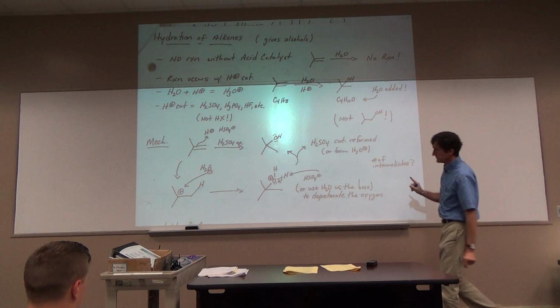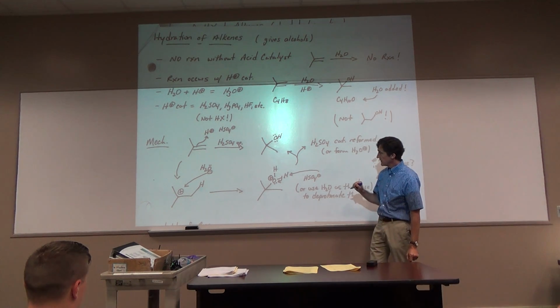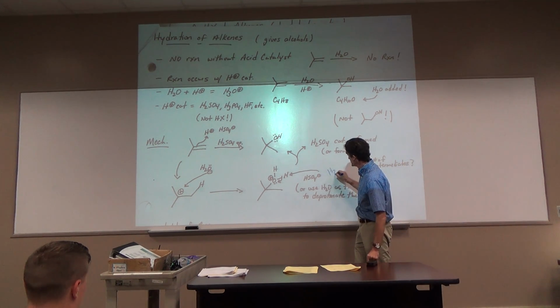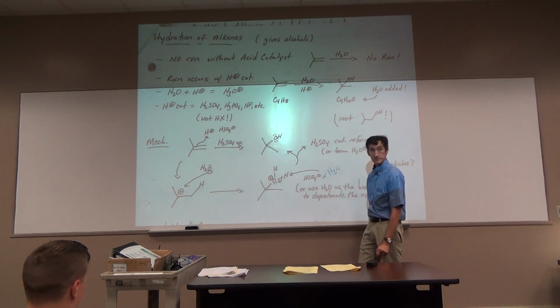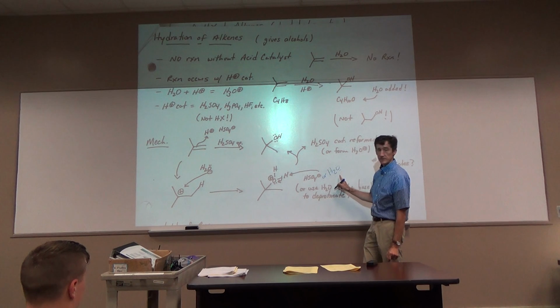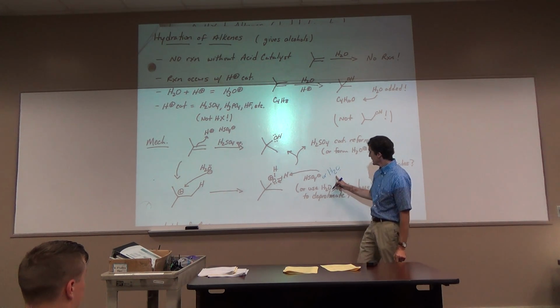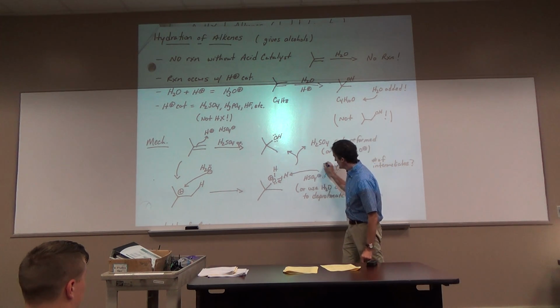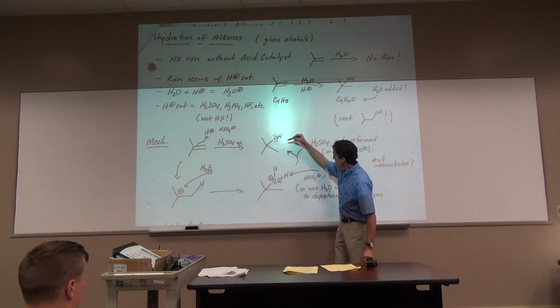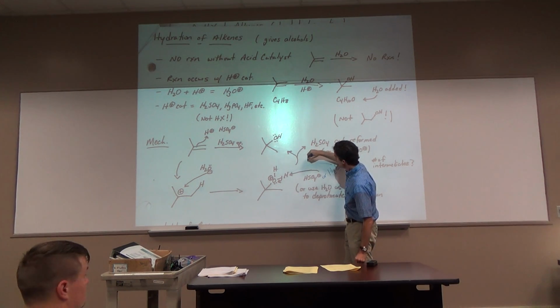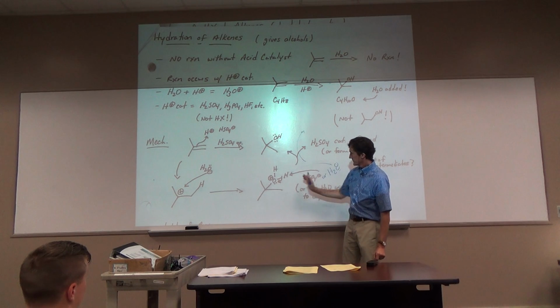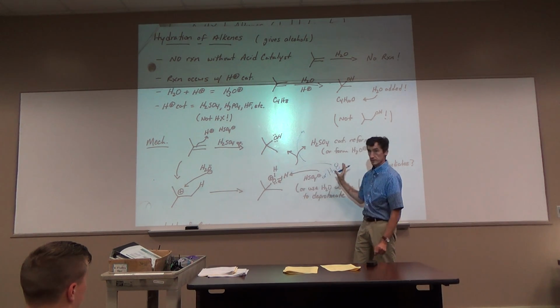Note, some books may use water to take the proton. This is actually strictly more correct. That is, if water took the proton, we would get our product plus what are we forming here?